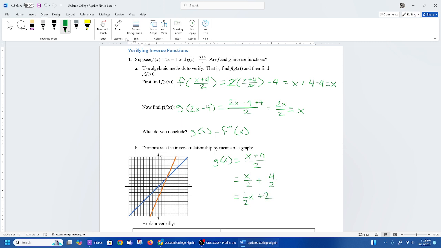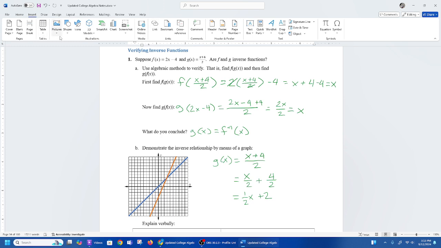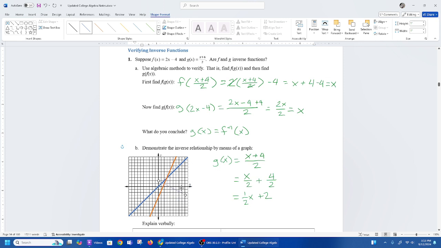So we know that it's going to go through 0, 2, and we know that the slope is a positive 1/2. So it's going to go through 0, 2, it goes up 1 over 2. Drag it all the way in the other direction too. Just make sure I don't move it too much.